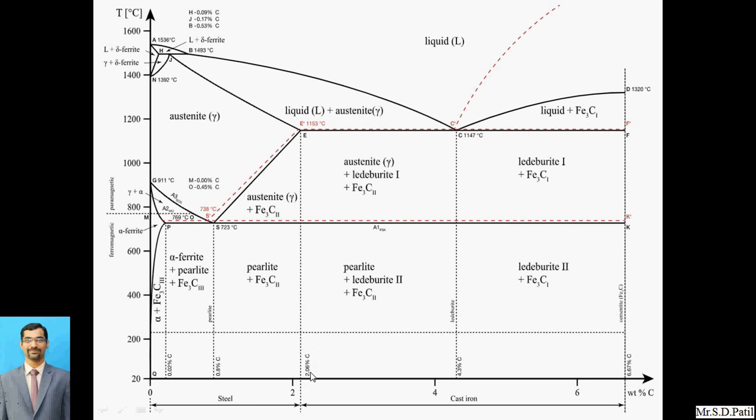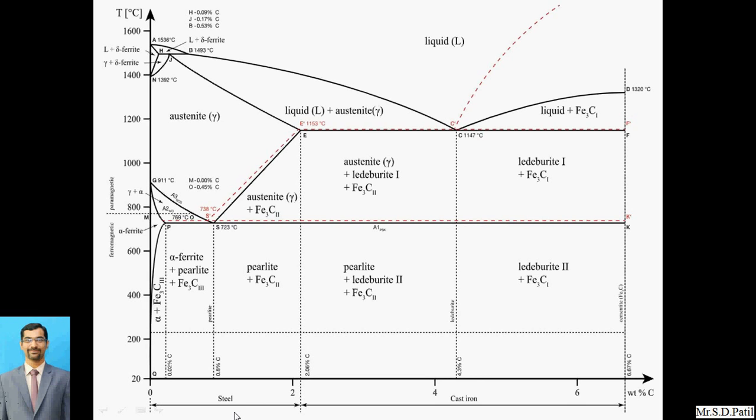So up to 2.06% of carbon in iron, it is known as steel.